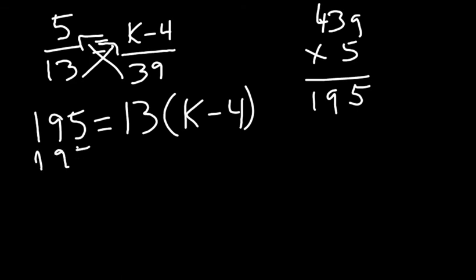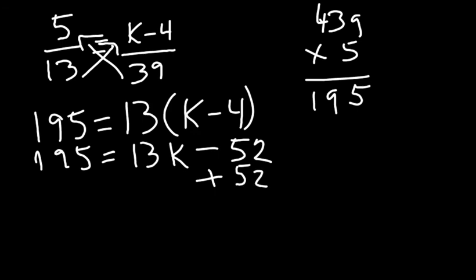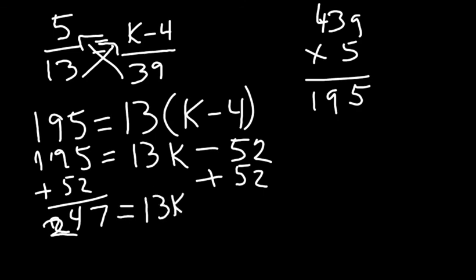So 195 equals 13k minus 13 times 4. Well, 13 times 4 is 52. Now what? Plus 52, plus 52. So that's a 7, that's a 14. So 247 equals 13k. Now what?